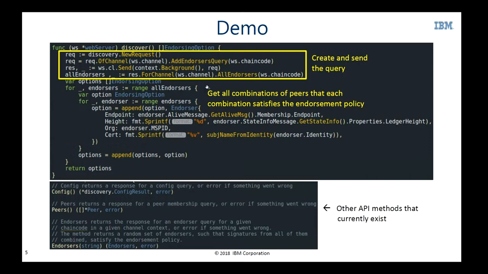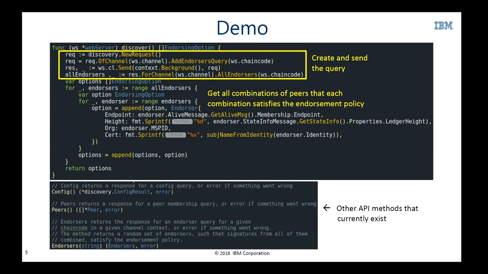Next, what we have here is just how we print it nicely to the web UI. And lastly, I want to show that in the current client implementation in Go, we have a reference implementation of the feature. We have right now three API calls: config, which returns the configuration of the channel, for example ordering service endpoints, MSPs, MSP configs.